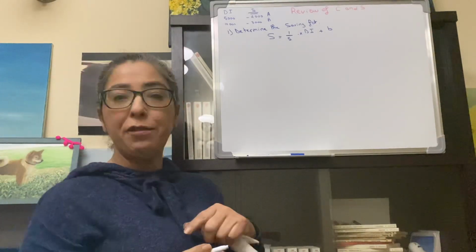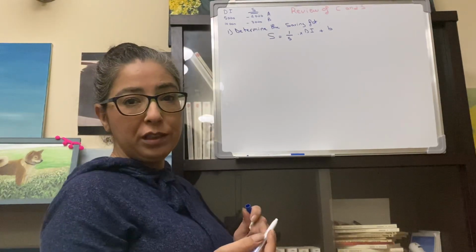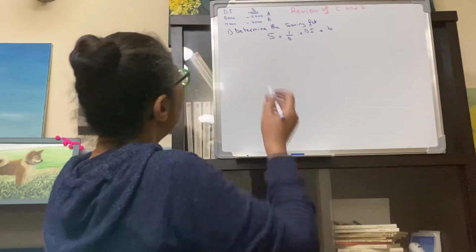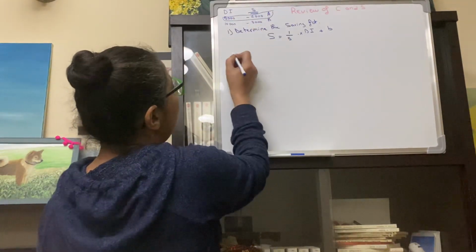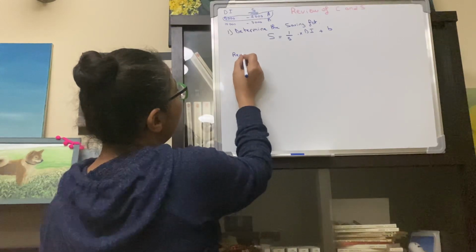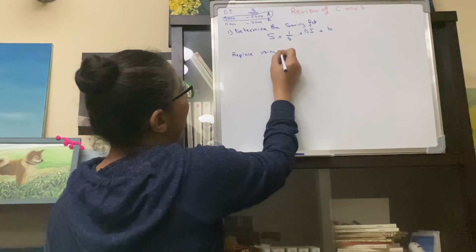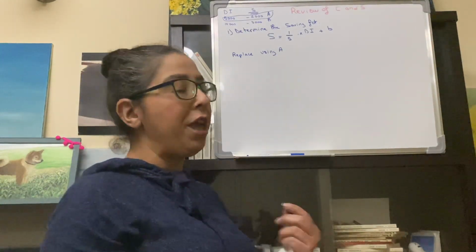In order to find the function, now what I have to do is replace with 1 point, the values of that point. Okay, let's take A. Replace using A. You could replace using B. It's exactly the same thing.